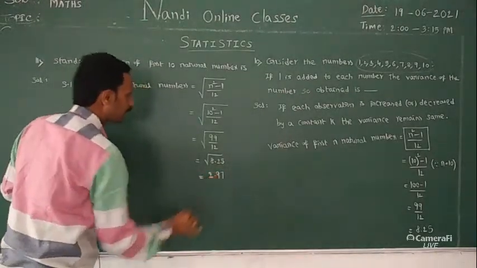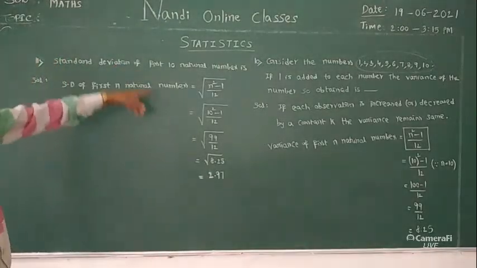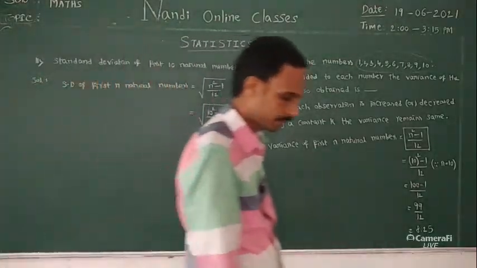Okay, that is the standard deviation of the first 10 natural numbers, 2.97. Write it.